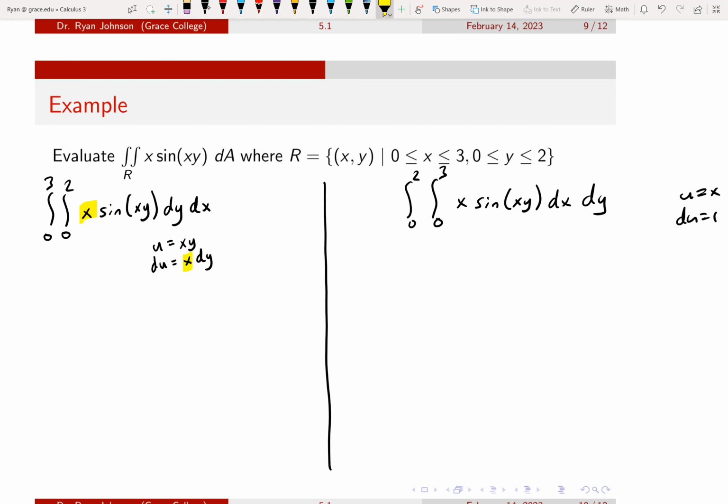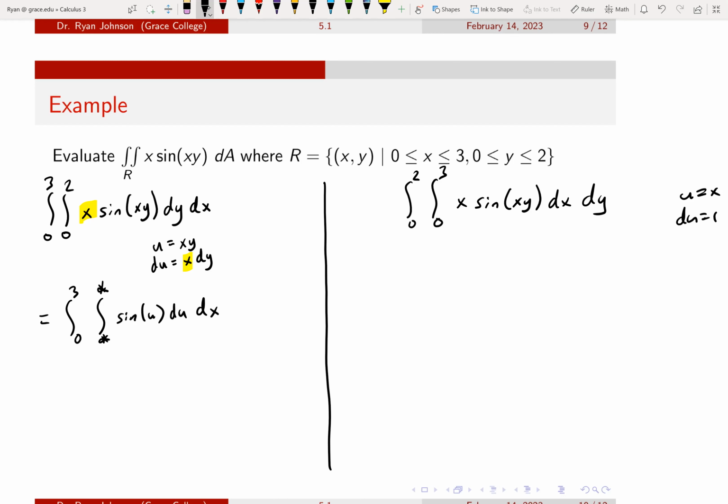So this is equal to the integral from 0 to 3 of the integral, I'm not going to put in the numbers yet, of sine of u du dx. Now, we could put in the limits later, or why not put it in now? No, let's just plug it in later, because then I'm technically not integrating a rectangle anymore. So it might be confusing to some of you.